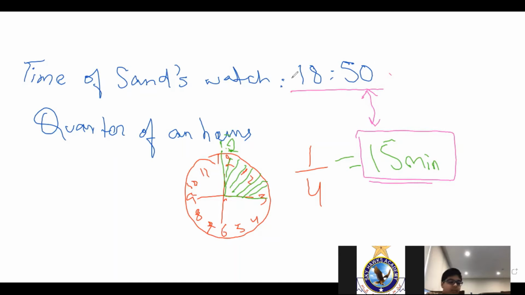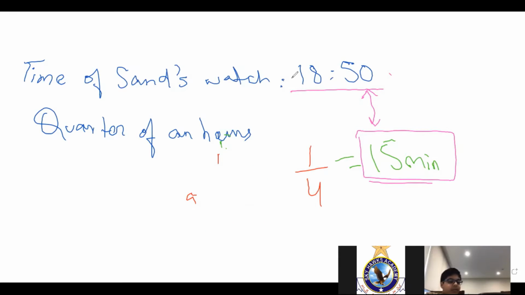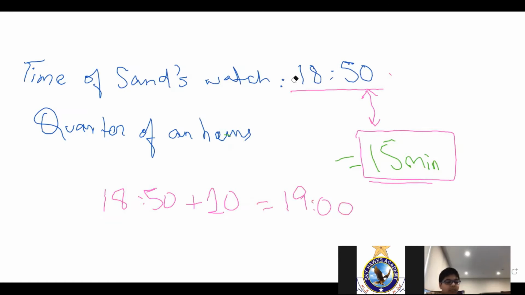Let me clear the board, wait a while. It will equal 1905. Very good. Because when we add 10 minutes to 1850, it becomes 1900, and when we add 5 more minutes, it becomes 1905.